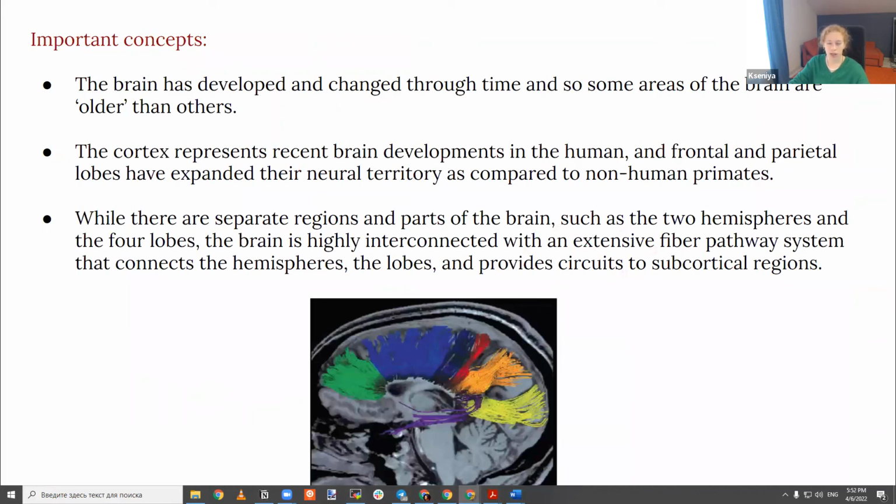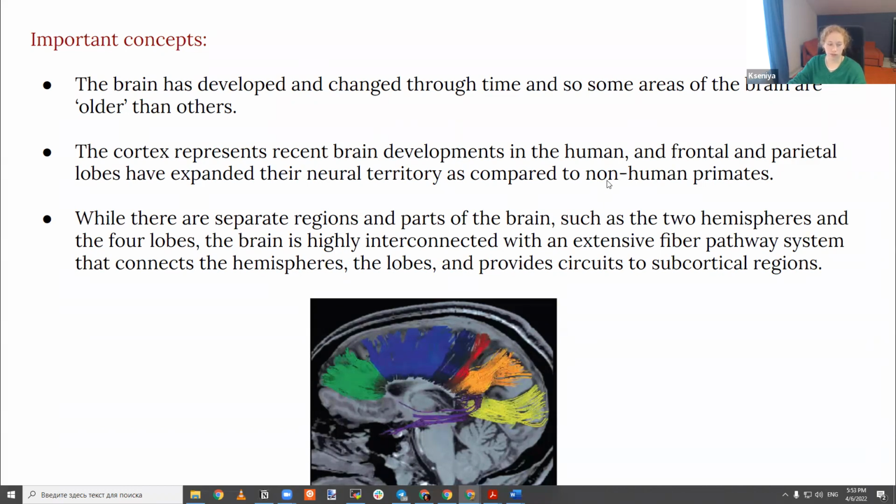So the brain has developed and changed through time, and some areas are older than other areas. The neocortex is the youngest part of the brain, and the frontal part of the brain is the youngest part of the whole cortex, and it's connected with the highest cognitive functions.